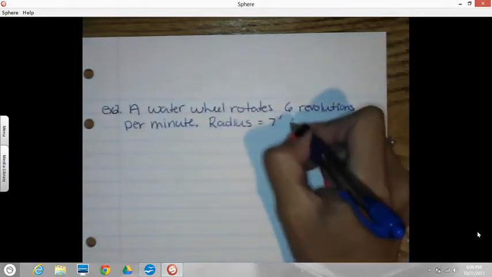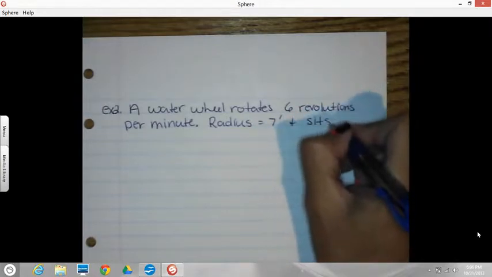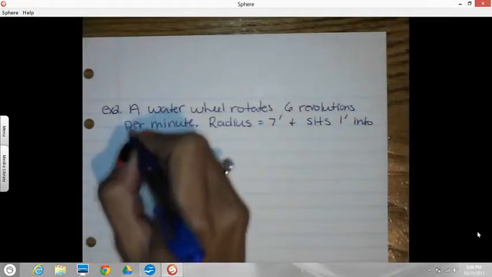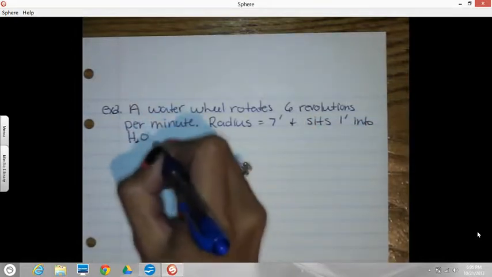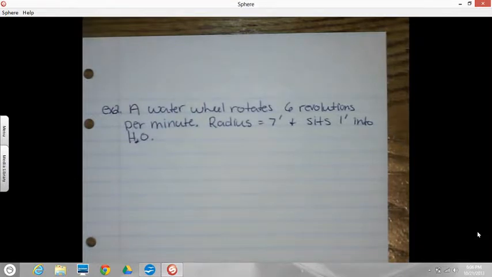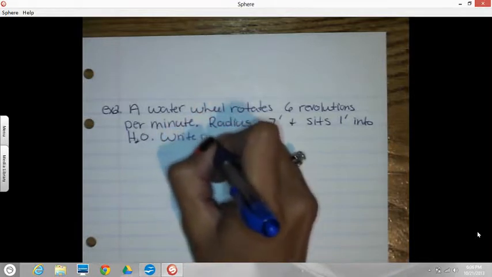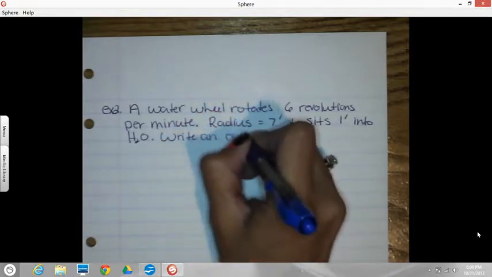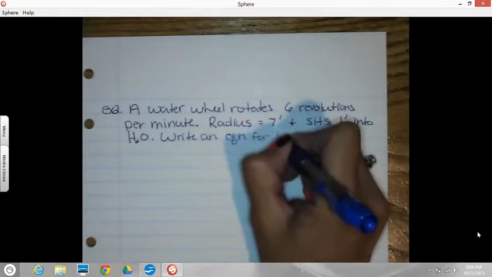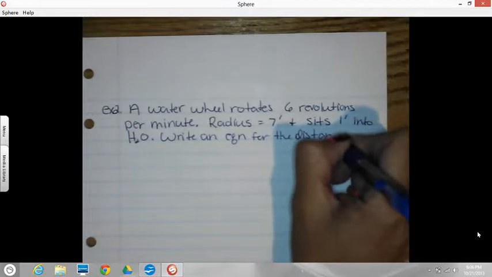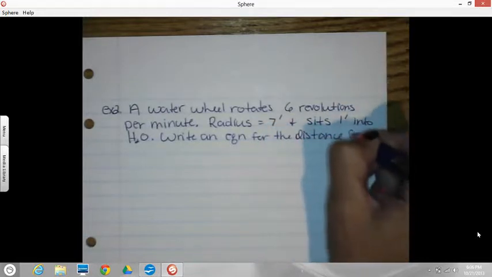And it sits 1 foot into the water. Okay, write an equation for the distance from the surface of the water.